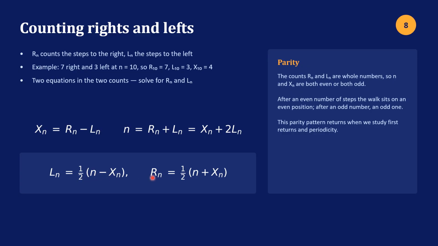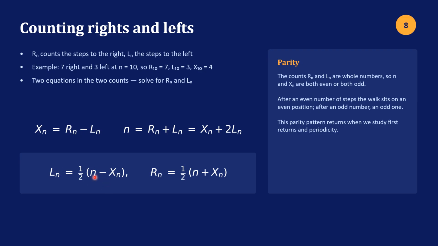And let's look at one of them. If n is odd and x sub n is even, then an even from the odd number gives you an odd number, and 2 doesn't divide into an odd number, and this contradicts what we just said about L sub n being a whole number.